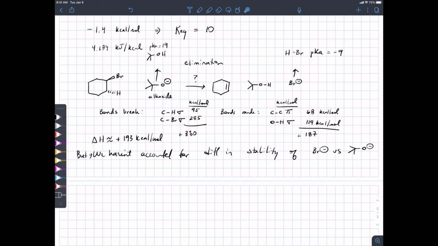If we wanted to, we could do the math and figure out what this equilibrium constant would be, and then compare that to the difference in pKa, and come up with some conclusion. I'll just tell you what the conclusion is: this reaction's favorable in the forward direction with basically 100% yield. Okay. So the numbers aren't as important as the process, and even that's not as important as realizing that processes are favored if you make more stable bonds than you break.